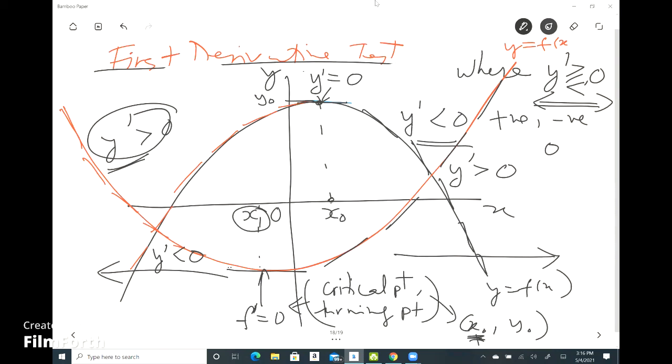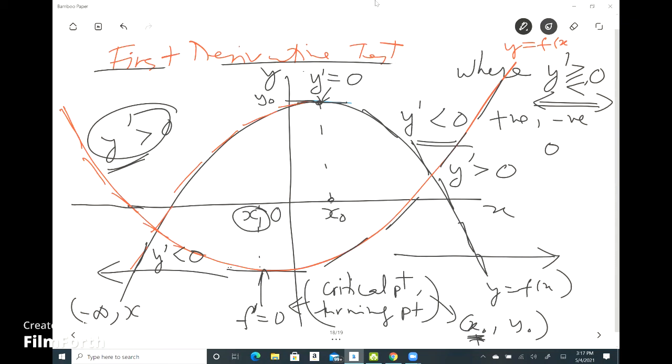Since we are talking about real numbers, the interval will start from negative infinity, all the way down there. And where is the ending point? Where y prime is positive, it will end at what?